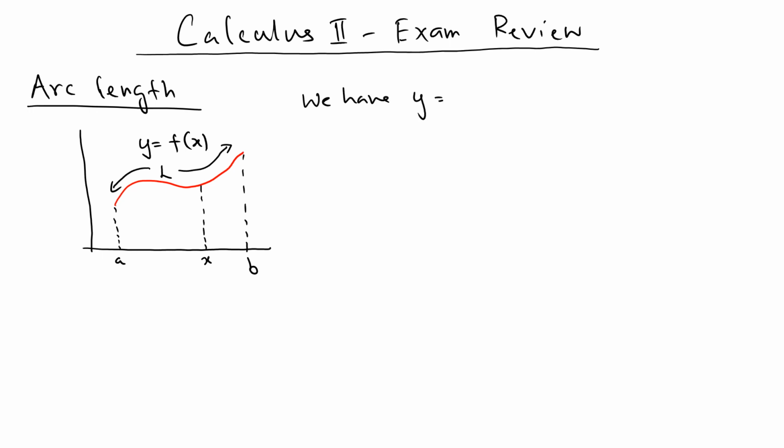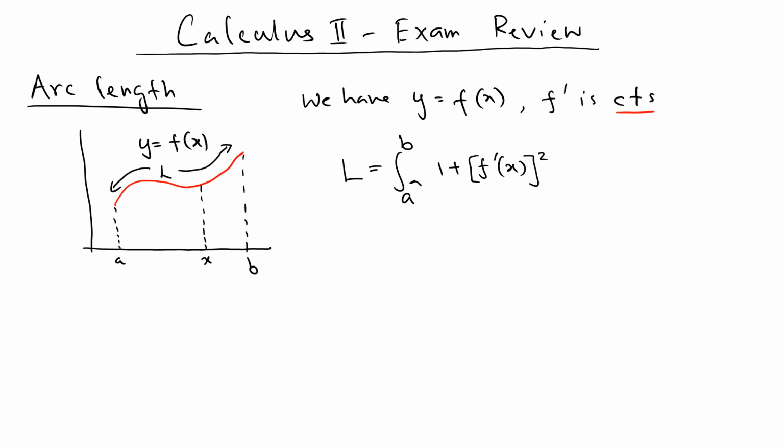So what we have is y equal f(x), which is given as a function of x. And we assume that the first derivative is continuous. Okay, let's assume that the first derivative is continuous, and then the arc length is given by L, which is going from a to b, the integral of the square root of 1 plus the first derivative squared.